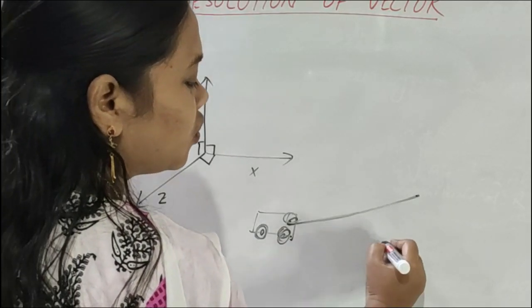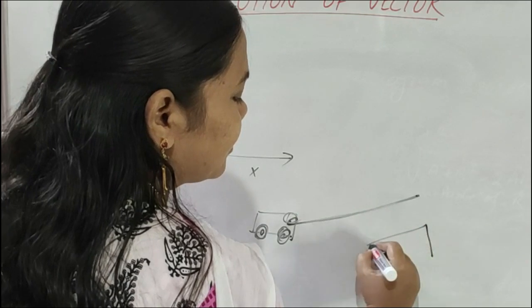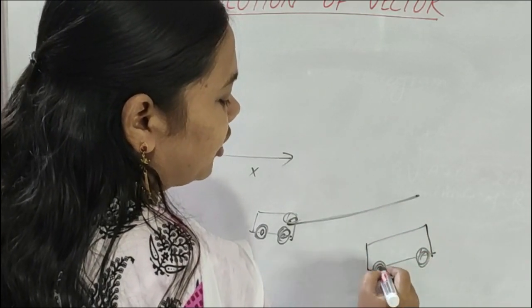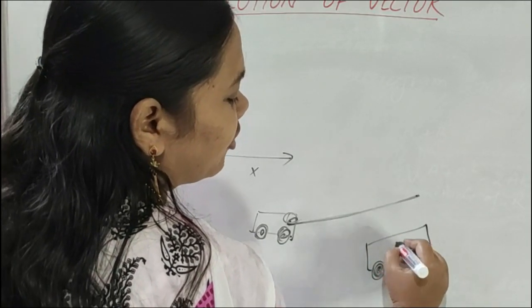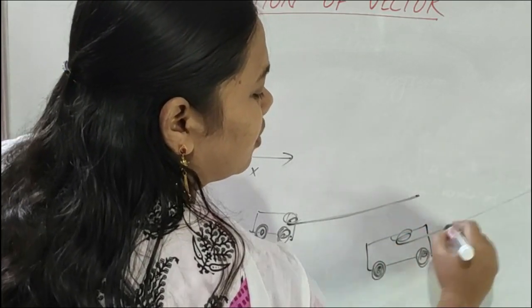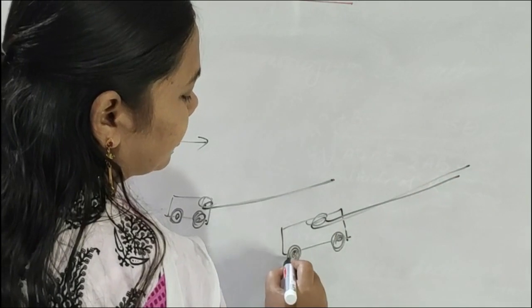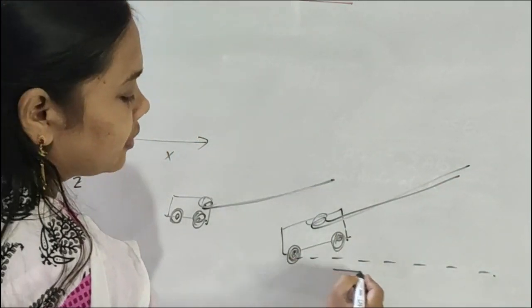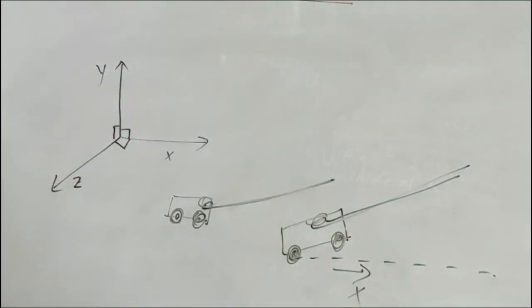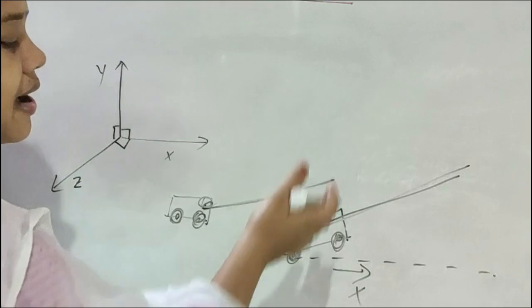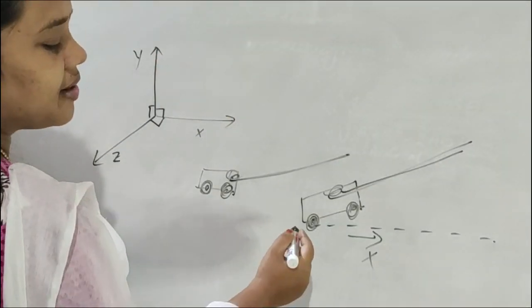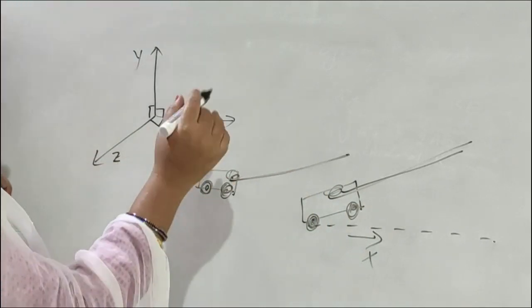When the child pulls the trolley with the thread, how will the trolley move? It moves like this. It goes in the x direction, covering length, and its height also increases a little. So it goes in the x direction and also in the y direction.